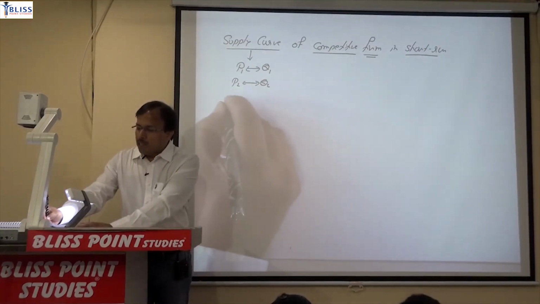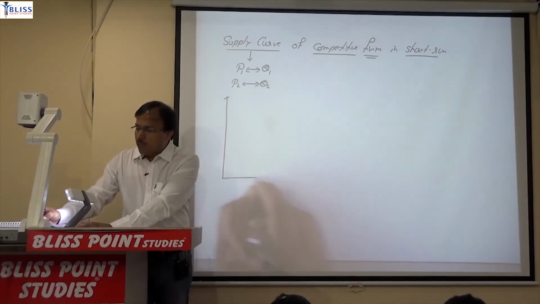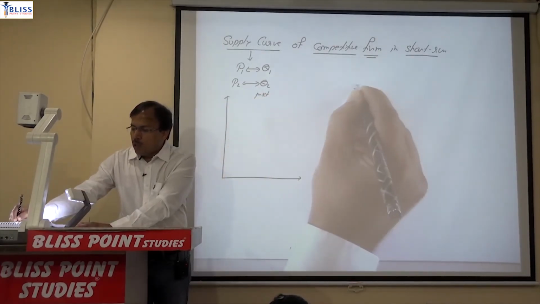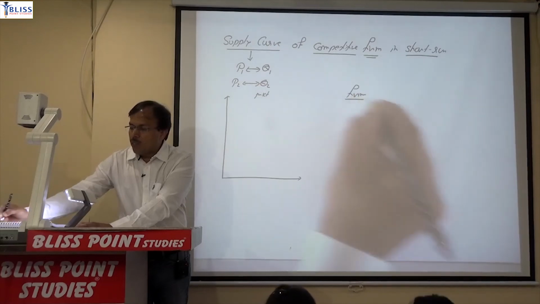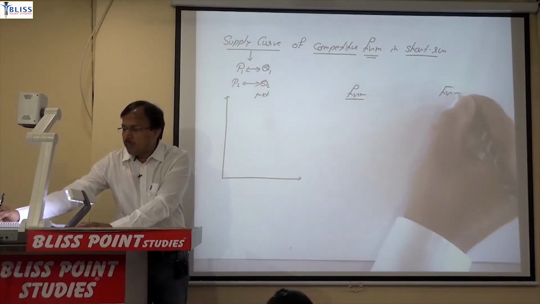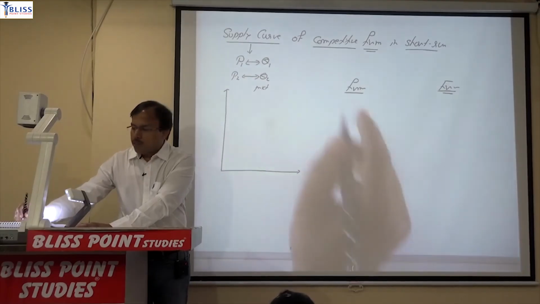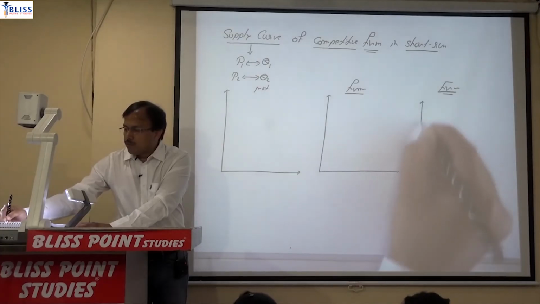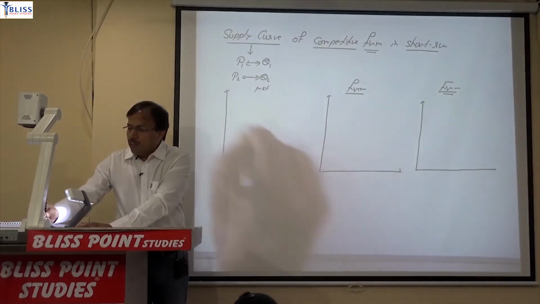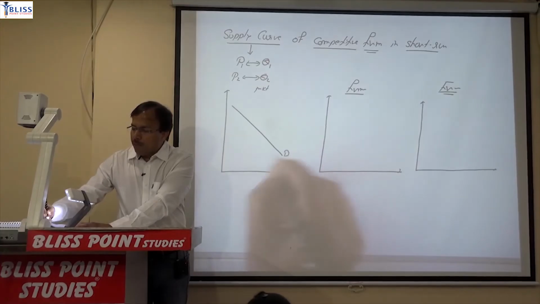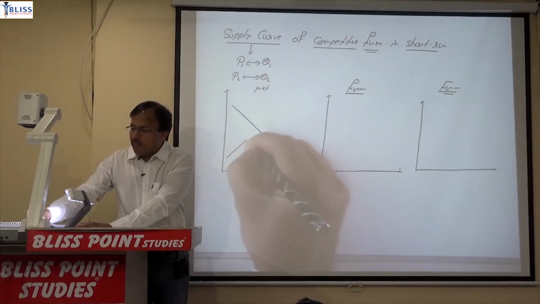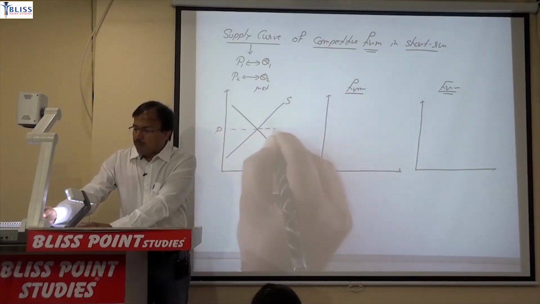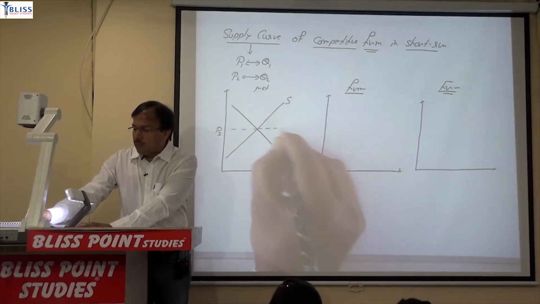For that purpose, use one diagram for market and 2 diagram for firm. ये भी firm का description है और ये भी firm के लिए. Suppose market demand and supply are intersecting here. So this is the market price. I start with say P3.